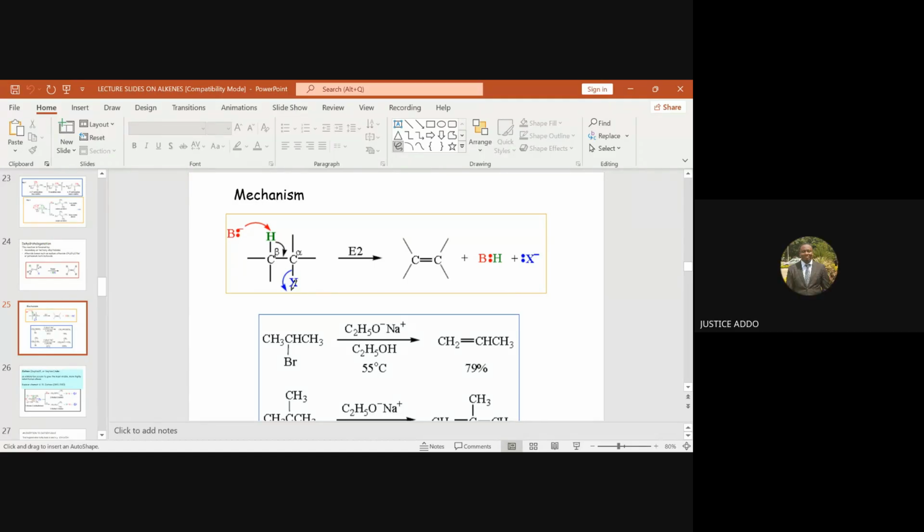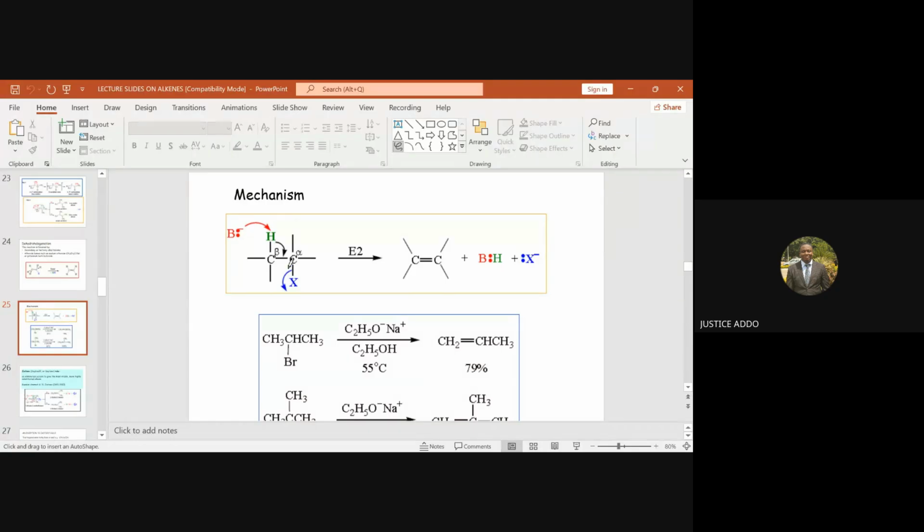So this is the halogen, right? Now, the carbon that the halogen is bonded to is called the alpha carbon. So the adjacent carbon is the beta carbon. So all the hydrogens on the beta carbon are what? Beta hydrogens. Now halogens are highly electronegative. So they draw electrons to themselves. They pull electrons to themselves.